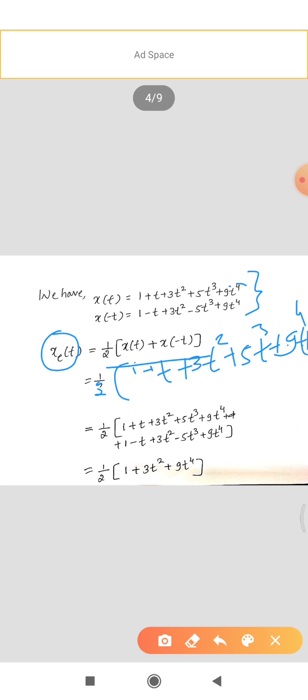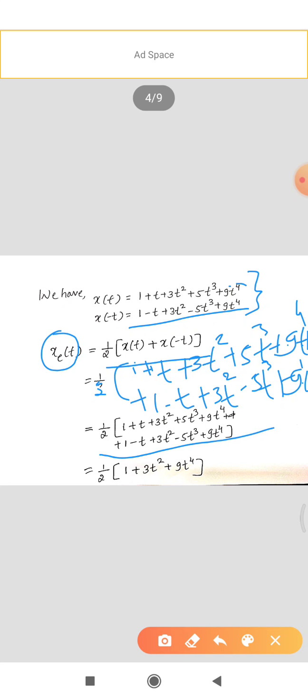Next, plus x of minus t, we have 1 minus t plus 3t square minus 5t cube plus 9t raised to 4. You have all this, then add those two.